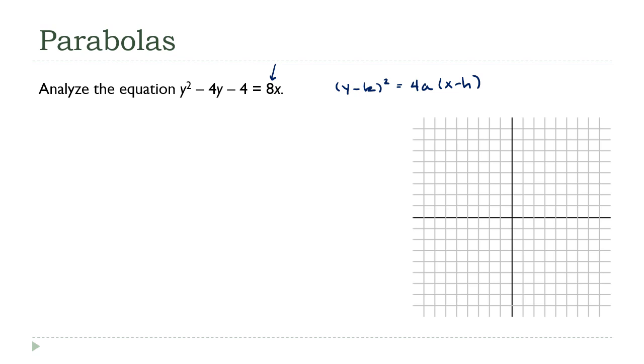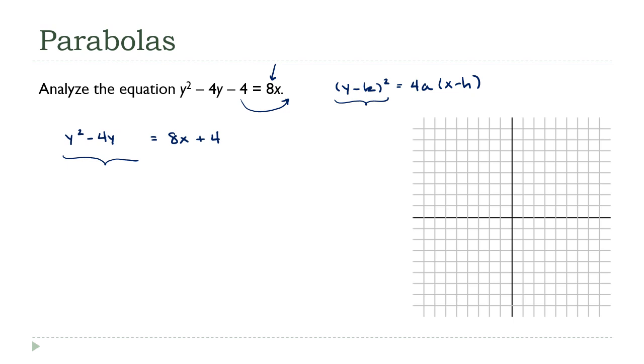Well, the first thing I'm going to do is take that minus 4 and kick it over to the other side. So this is going to be y squared minus 4y equals 8x plus 4. Leave a space here if you're following along, taking notes. It's this left-hand side that I need to turn into a perfect square. And the way we do that, we use a method, hopefully you've seen this before, called completing the square.